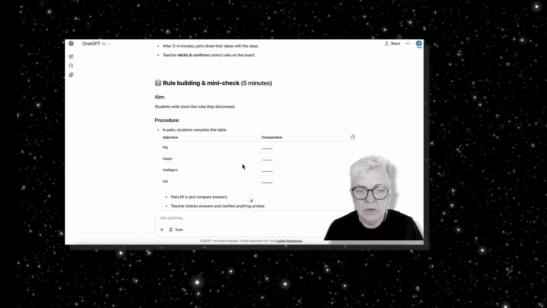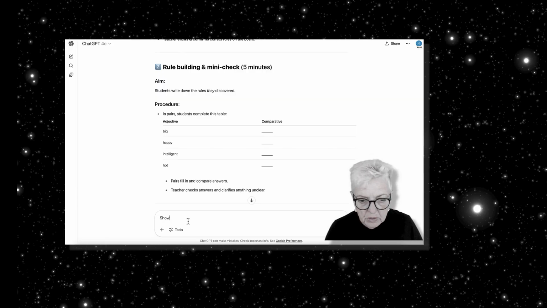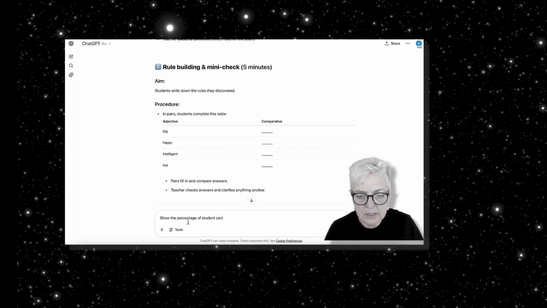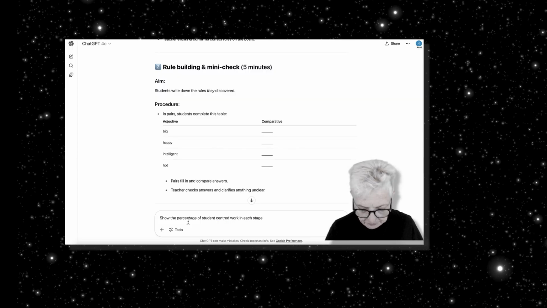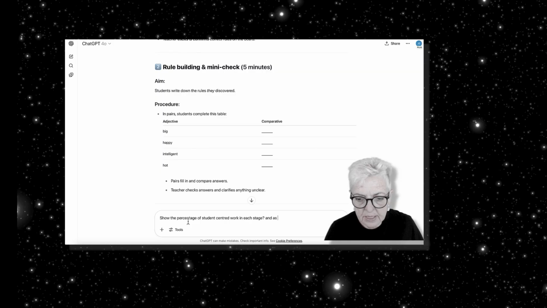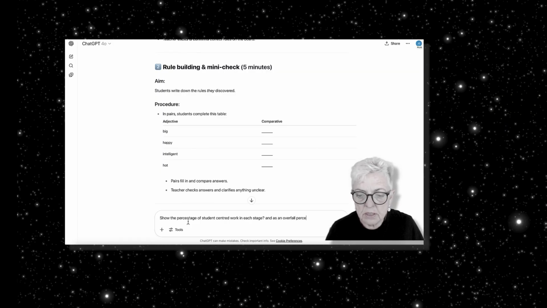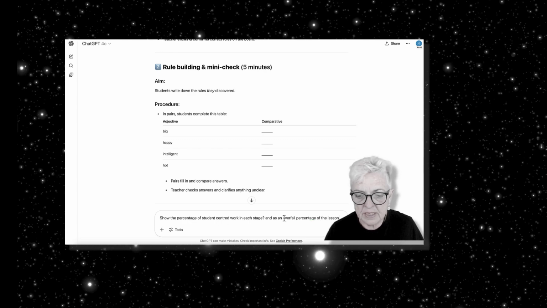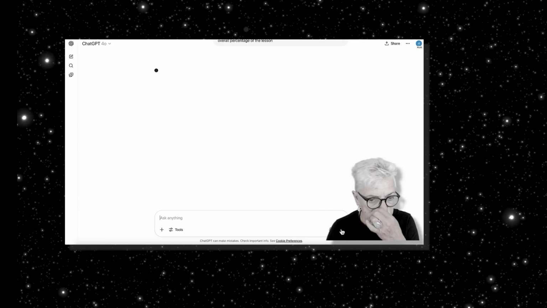Okay. So show the percentage of student-centred work in each stage, and as an overall percentage of the lesson. Okay, let's see what happens.